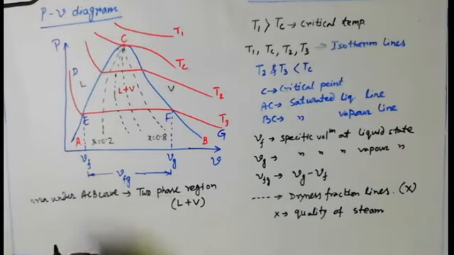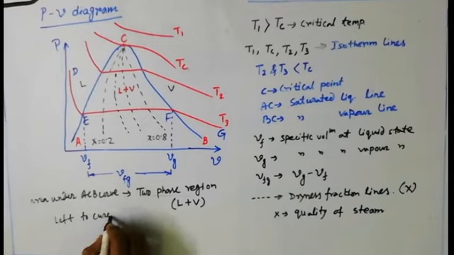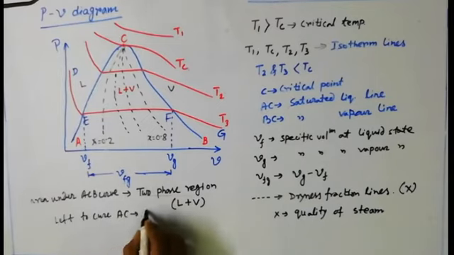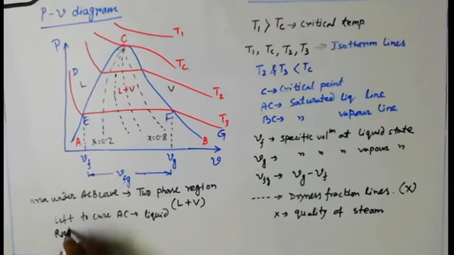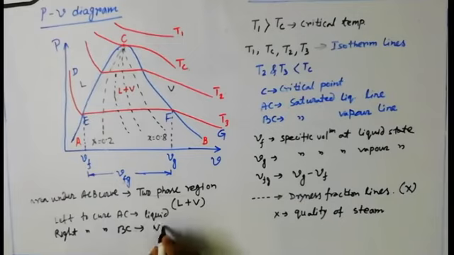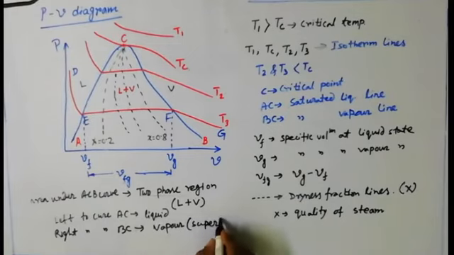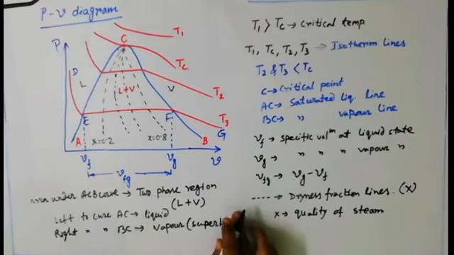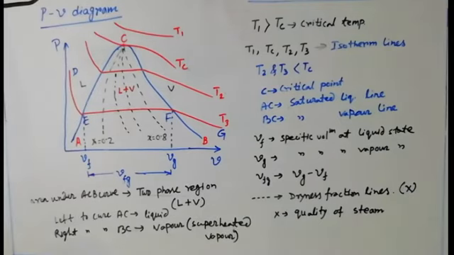And left to the curve AC, that is the complete liquid zone, and right to the curve BC, that is completely vapor zone, or rather say superheated vapor. Understood?